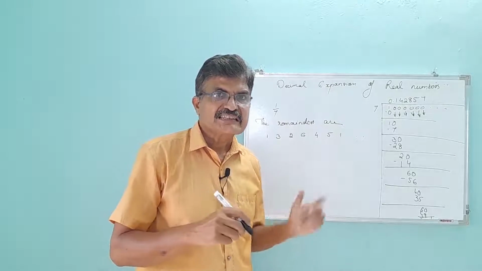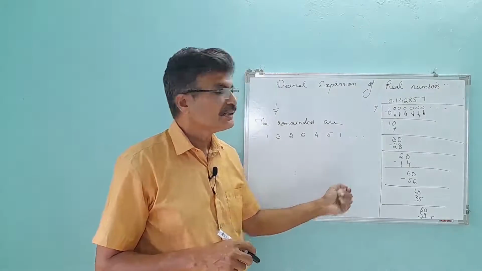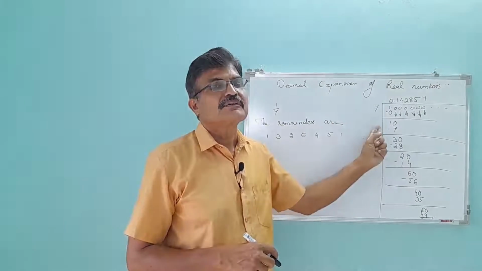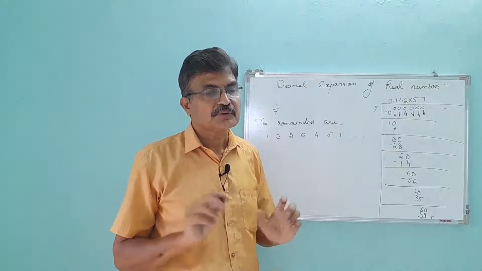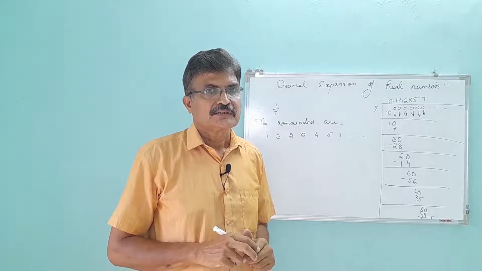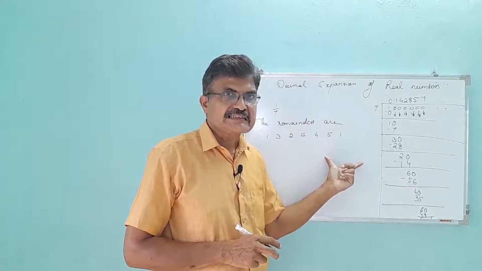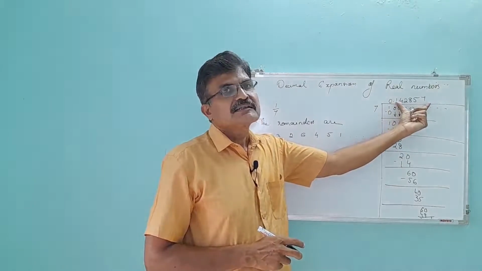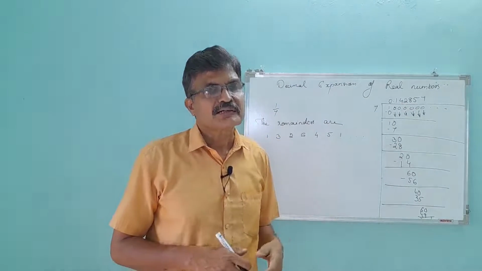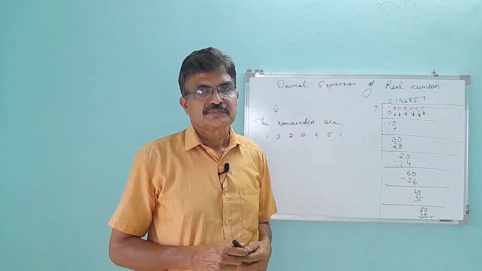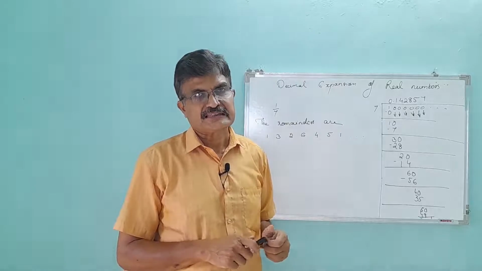The number of entries in this repeating block should be less than the value of the divisor. Don't forget that thing. And if you get a repeating block of entries, then the quotient will also be repeating.